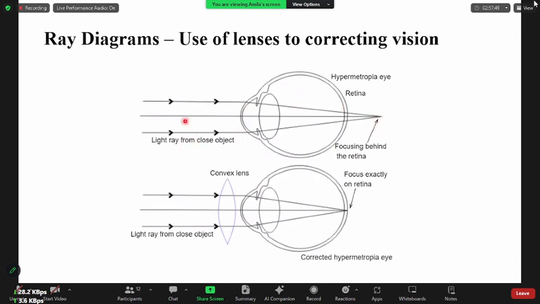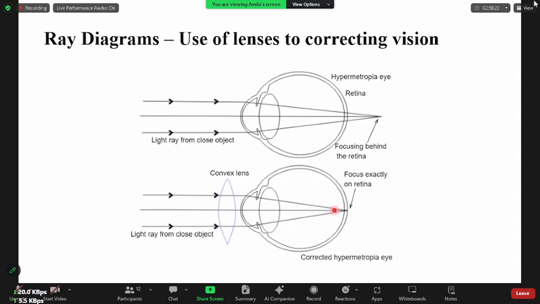Here you can see light rays from an object focus behind the retina, so the person can't see things clearly. How do we correct this? We want to converge the rays before this point, so we use a convex lens. Then it will focus exactly on the retina.